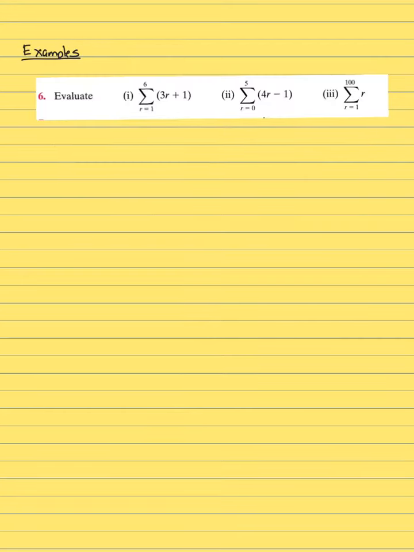Looking here at this question, we'll just take part 1. In part 1, we're asked to evaluate the sum from r equals 1 up to 6 of 3r plus 1. So that means we have to add up 6 terms. We can just have a look at what they're like. So the first term would be 3 times 1 plus 1.